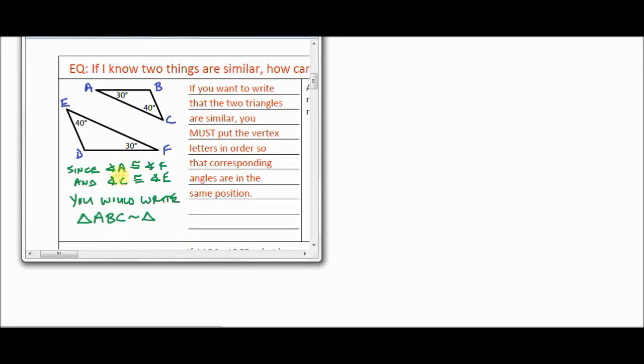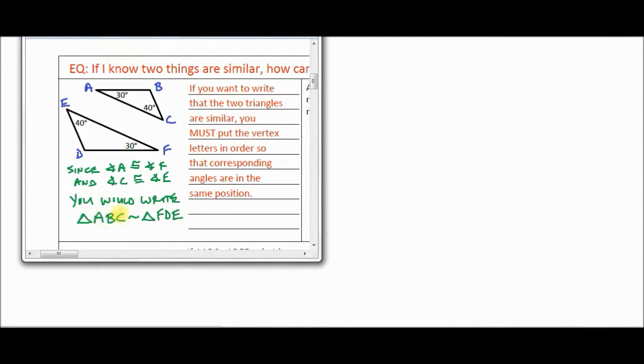So since A is our first position here, that means F has to be in our first position here. And since B is our next letter in our triangle name, B matches up to D. So that has to be our next letter. And then finally, C matches up to E.